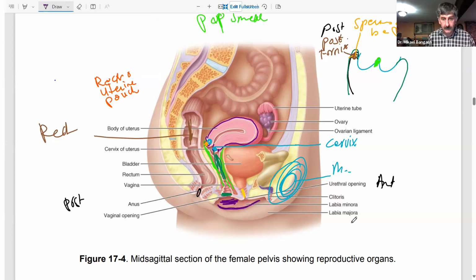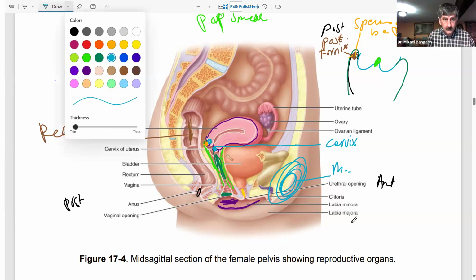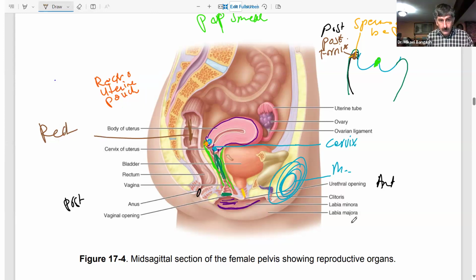Now here we really can't see it, but this labia minora up here circles around the clitoris. Okay. So, any last questions?